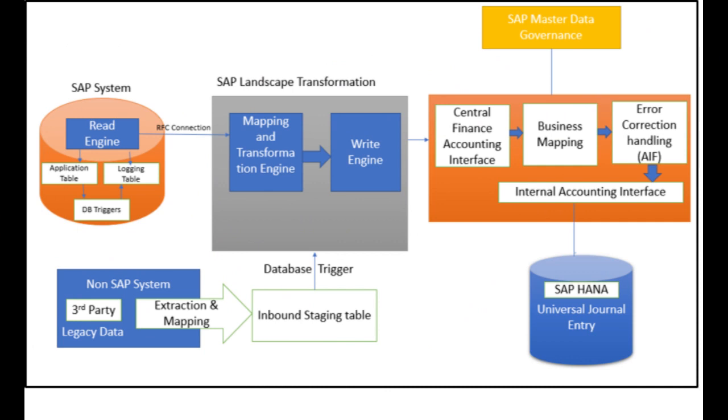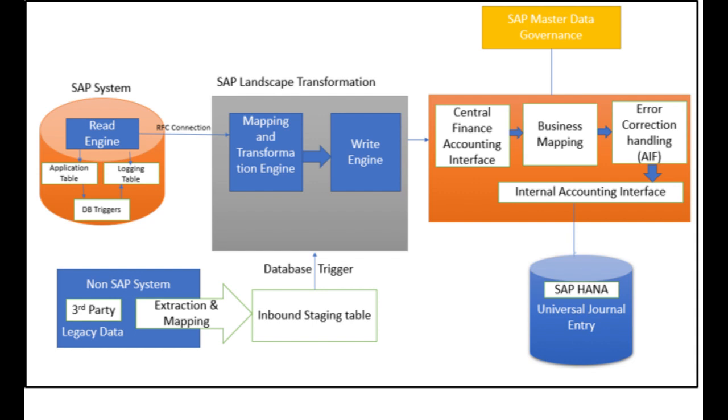Central Finance Architecture. The Central Finance landscape architecture contains mainly three systems. The first system is the SAP ERP as the source system, where the main business processes run and FI and CO documents are posted.